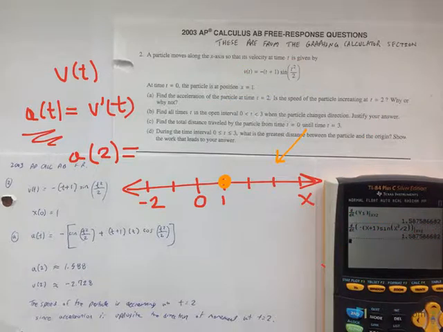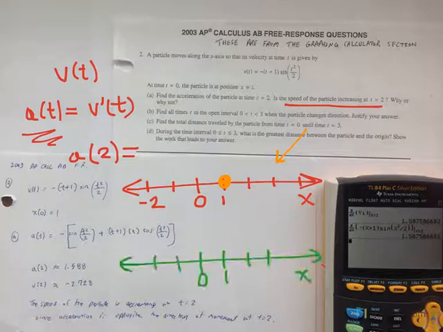The next part of the question is, is the speed of the particle increasing at time t equals 2, yes or no? And here's what you need to understand conceptually. I'm purposely drawing a green axis because I'm speaking conceptually and not just about this one particular problem that we're looking at. But let's say you have a particle and it's over here at one point in time.